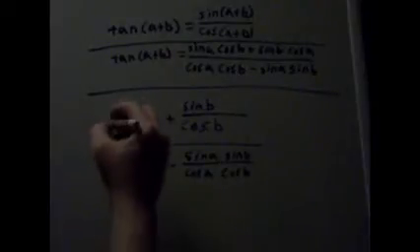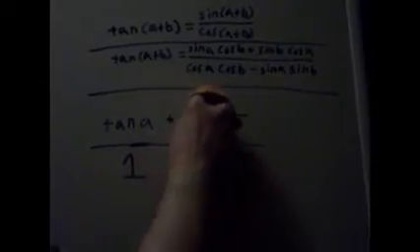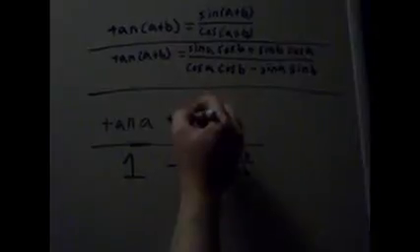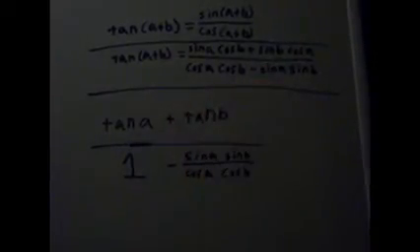Well, that's actually going to be the tangent of A. What about sine B divided by cosine B? Well, that's opposite over adjacent, so what are we going to have? What we're going to have is just like that.